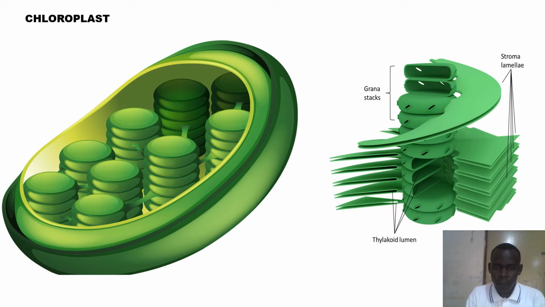So in summary, the light-dependent stage of photosynthesis occurs on the thylakoid membranes, while the light-independent stage of photosynthesis occurs in the stroma. Now, how does the light-dependent stage occur?